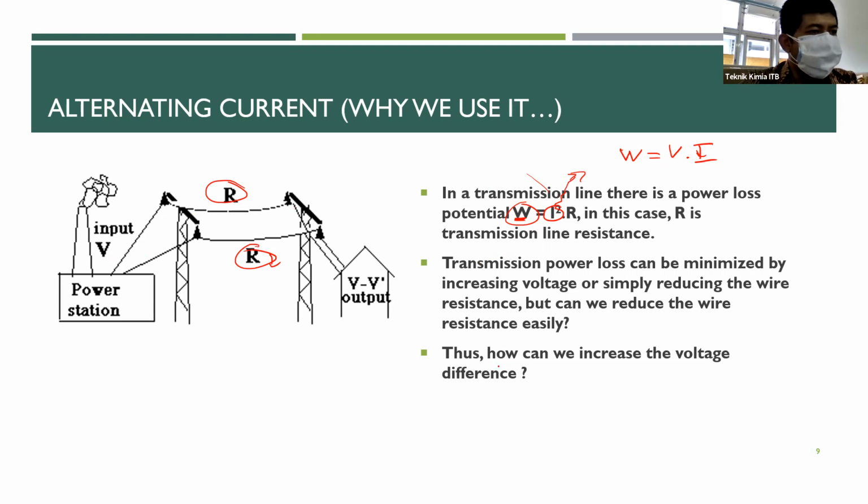And how can we increase the voltage? We use a transformer, and this can only be used in alternating current, not in direct current.